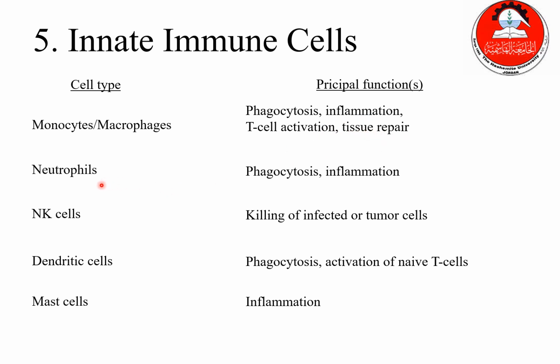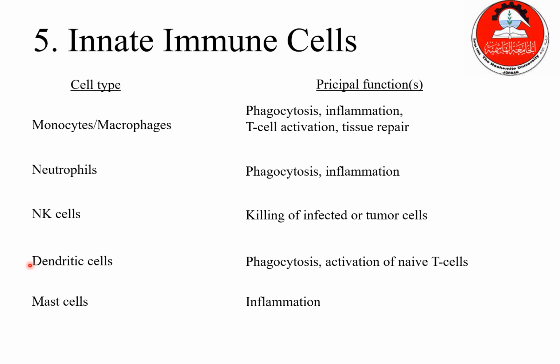We have the neutrophils, which have a role in phagocytosis and inflammation. We have the natural killer cells, which from their name, the function is killing of infected cells, virally infected or intracellular bacteria infected cells, and tumor cells. We have dendritic cells, which play a role in phagocytosis and activation of the naive T cell.